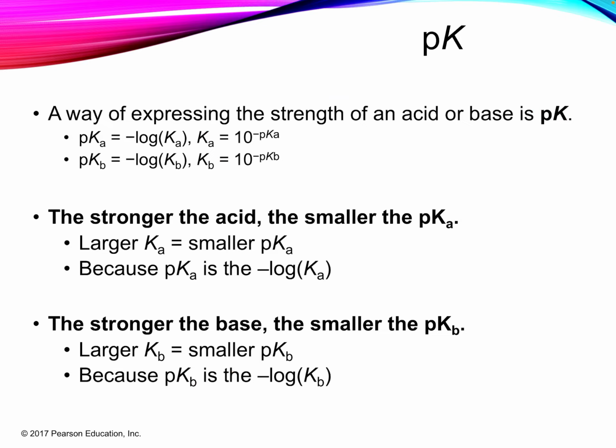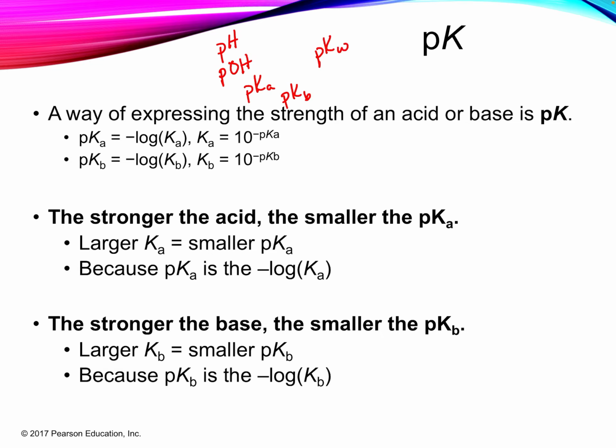All right, another way of expressing the strength of an acid or base is the pK. And if it's an acid, we're going to say pKa, and if it's a base, we're going to say pKb, right? To keep them straight. This P in the front, we keep seeing, like pH, pOH, pKa, pKb. We'll see pKw.